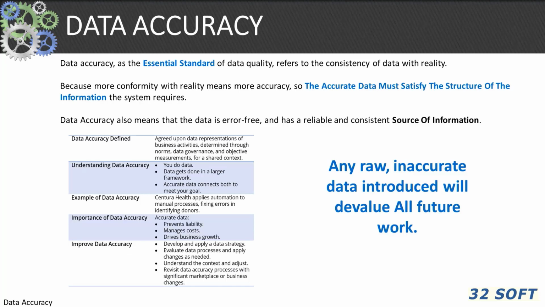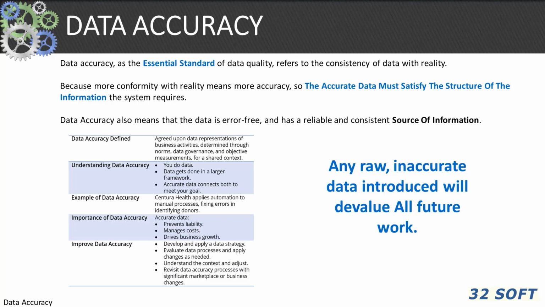Data quality refers to the consistency of data with reality, because more conformity with reality means more accuracy, so that this accurate data satisfies the structure of the information system requirements. Data accuracy means that the data is error-free and has a consistent source of information.